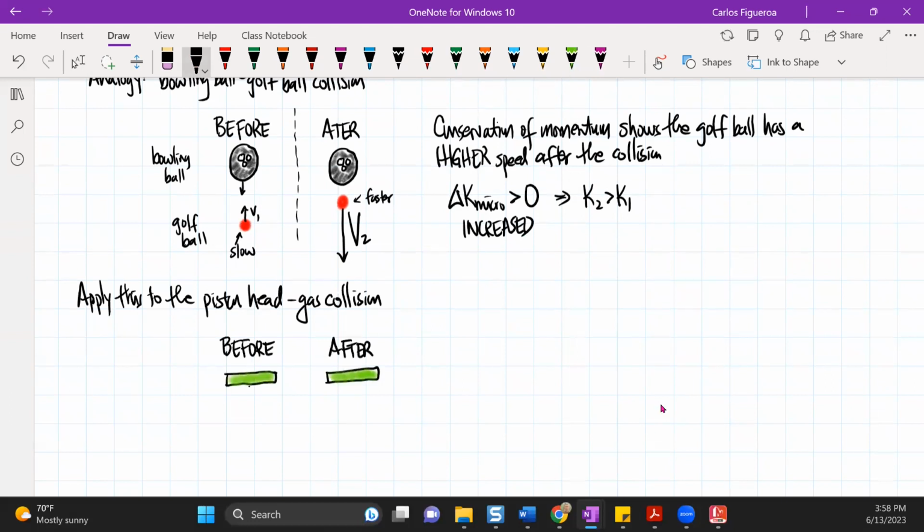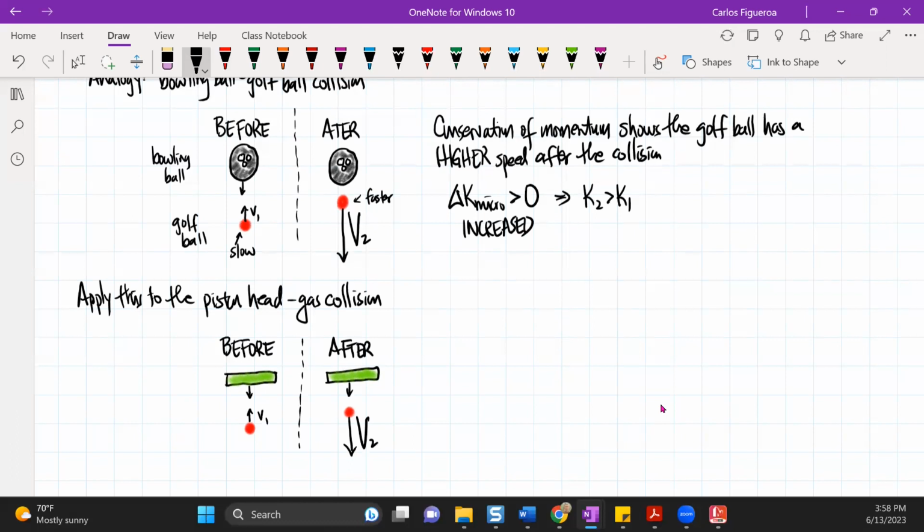So if I see the piston head coming down, after the collision, it's going to continue to move down. The golf ball is going to be coming in and then leaving, but its speed before and after has increased dramatically.